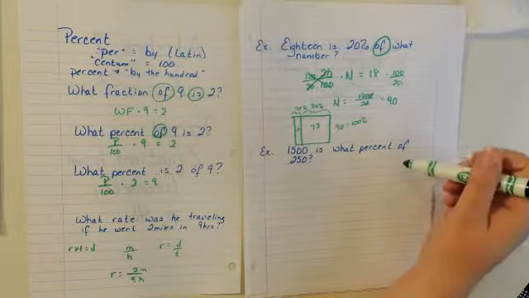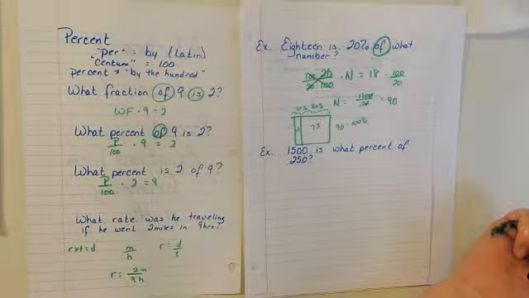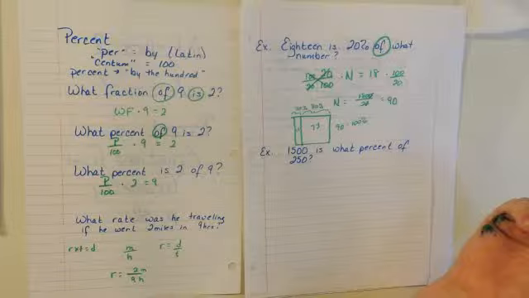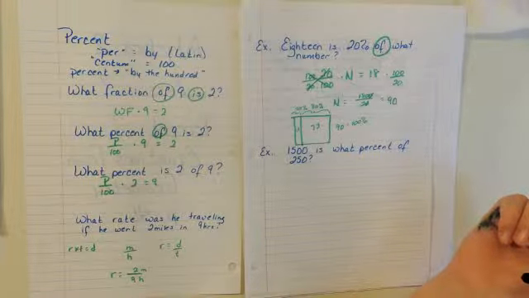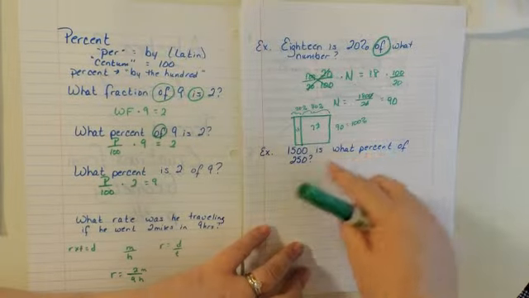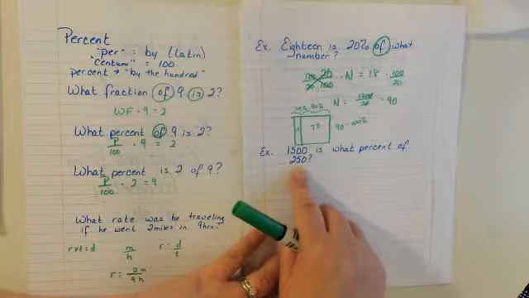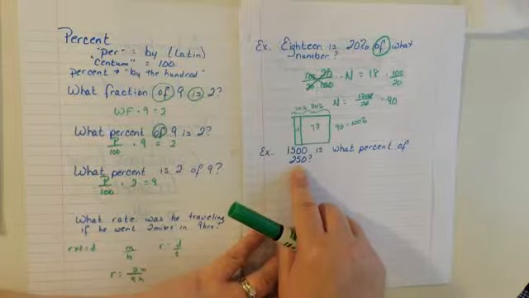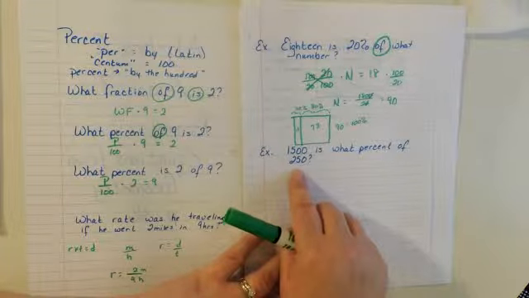Okay, let's try this one. 1500 is what percent of 250? We could draw the diagram, but let's try it without drawing the diagram first. Let's think through what would be a reasonable answer. We want a percent of 250, so 250 is our whole, and we want to know what percent of the 250 is 1500. 1500 is considerably bigger than 250.